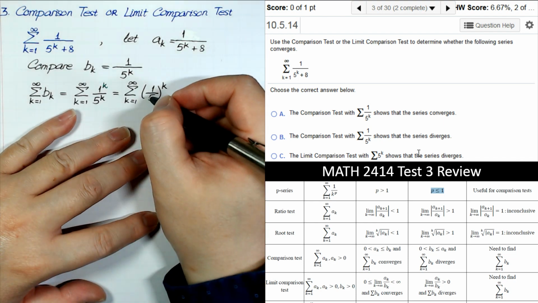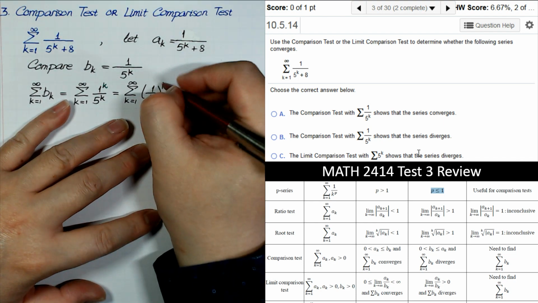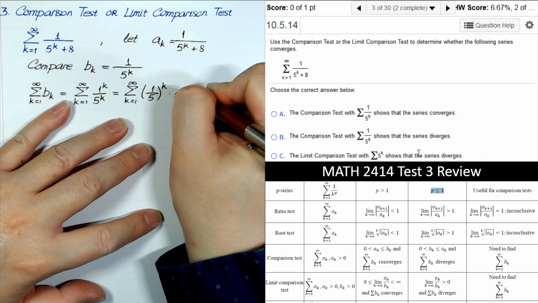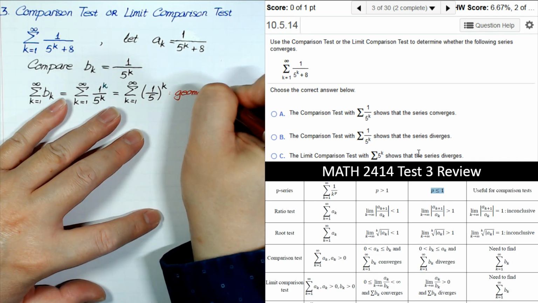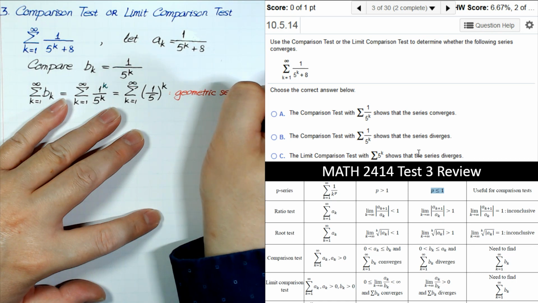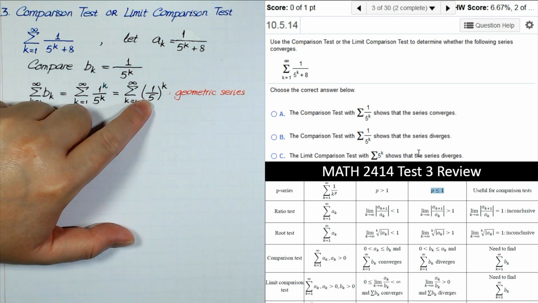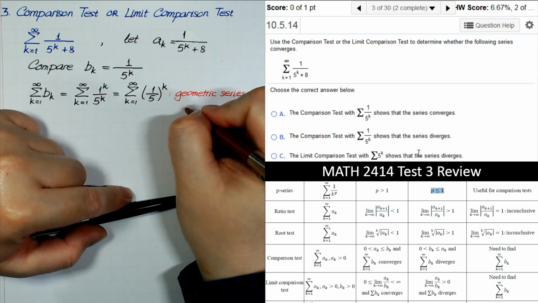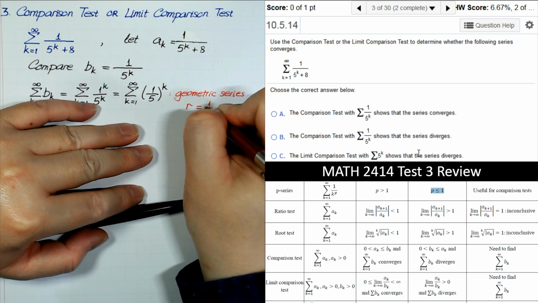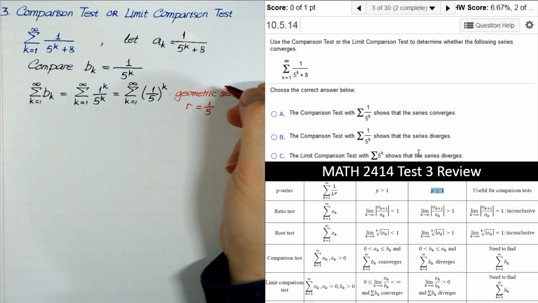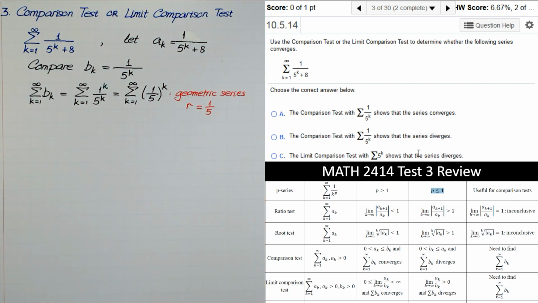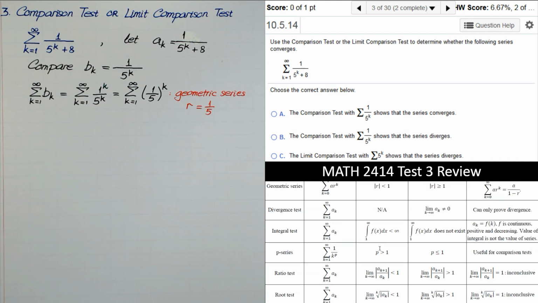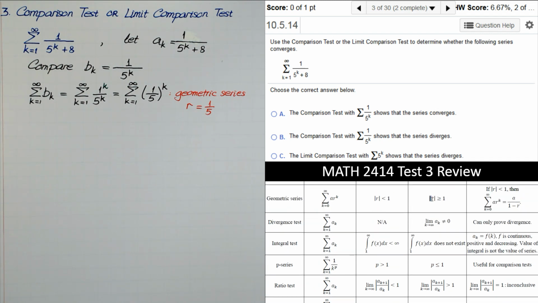And this one is a geometric series, and r is equal to 1/5. And because r is between -1 and 1, for a geometric series, if the absolute value of r is less than 1, it is convergent; greater than or equal to 1, divergent.